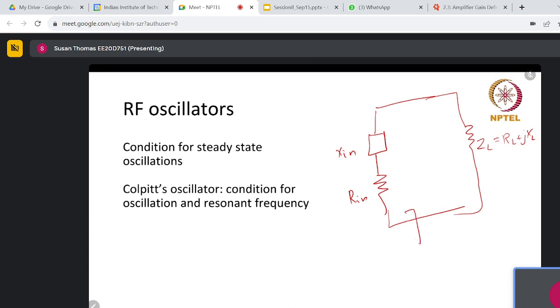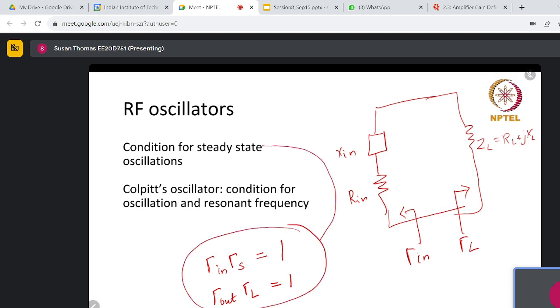This is gamma in, and this is gamma L. For steady state oscillation, gamma in into gamma S should be 1. Similarly, gamma out into gamma L should also be 1. So this is the condition for steady state oscillation. Please keep this in mind.